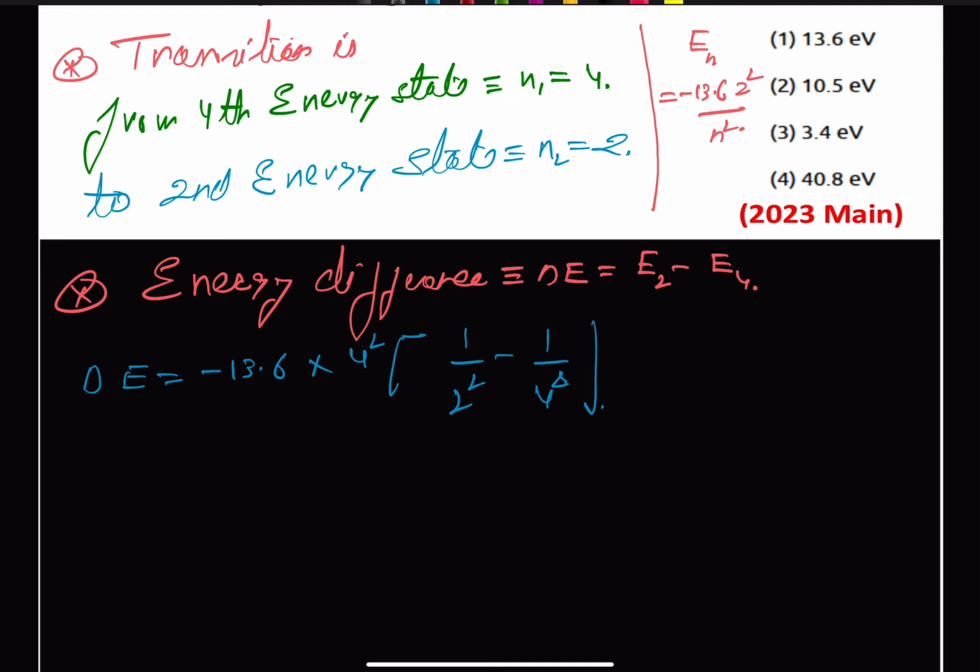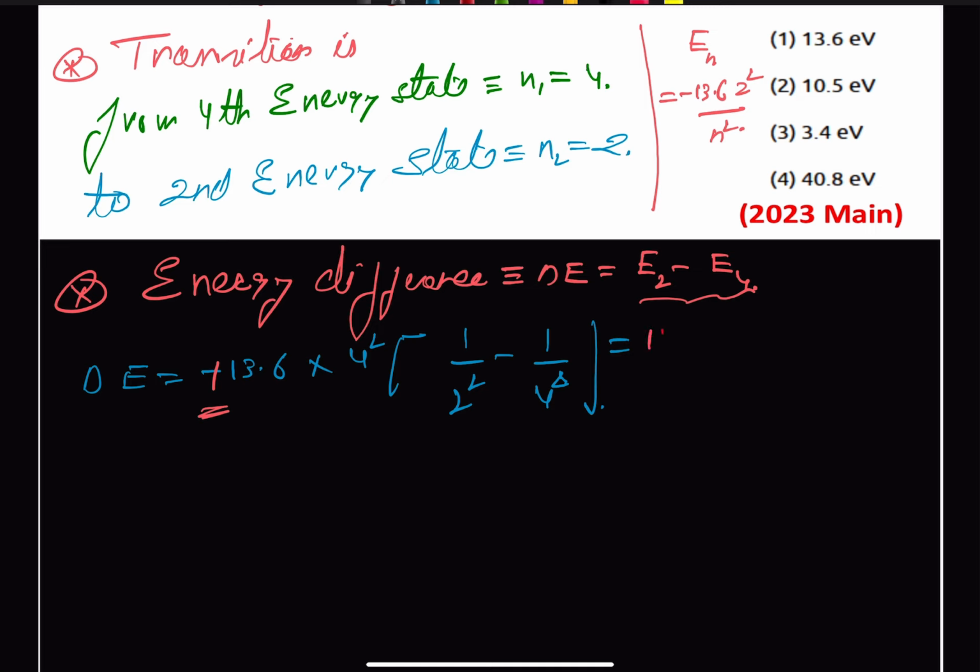Okay, let me reformulate it positive, otherwise this will be giving us a negative. It should be E4 minus E2 actually, but anyway, it doesn't matter. This minus can be sorted out quite easily.